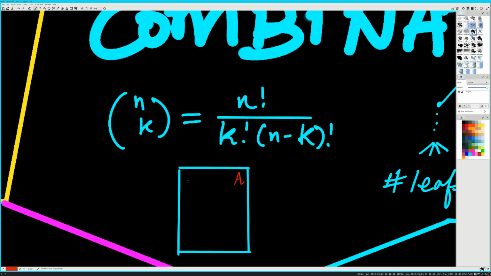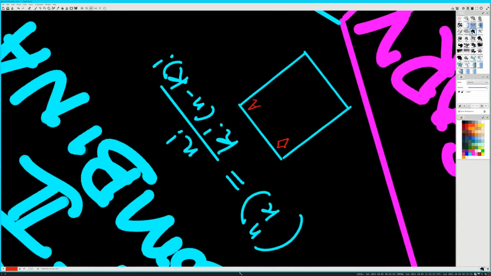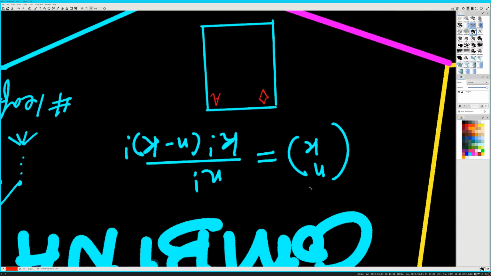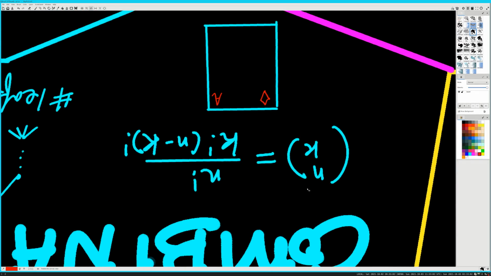Should I be the ace of diamonds? We need to rotate by 100.